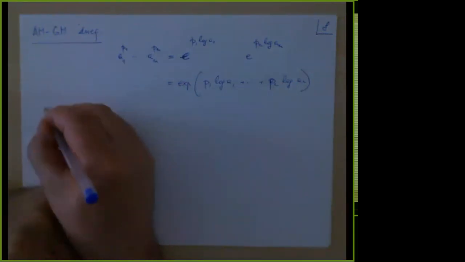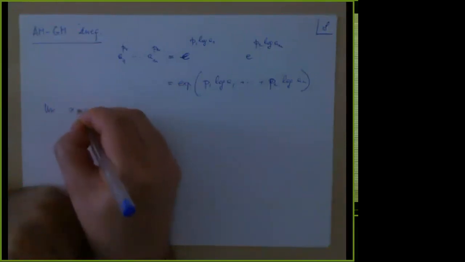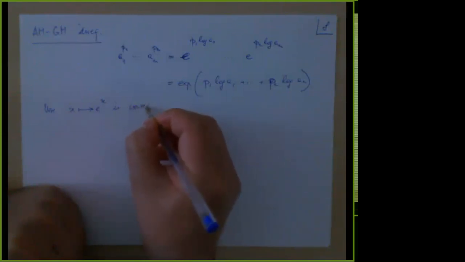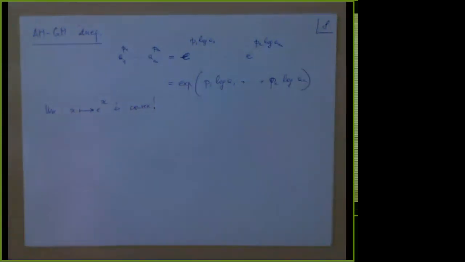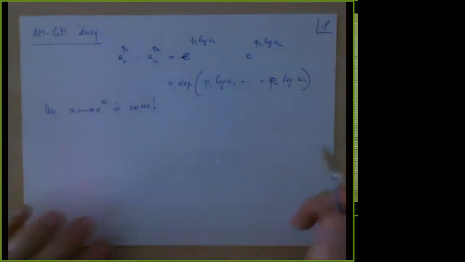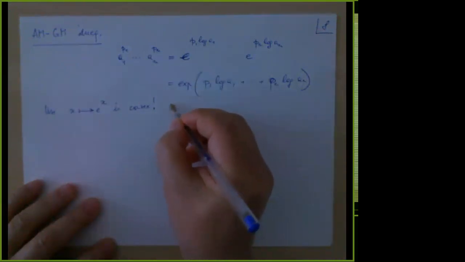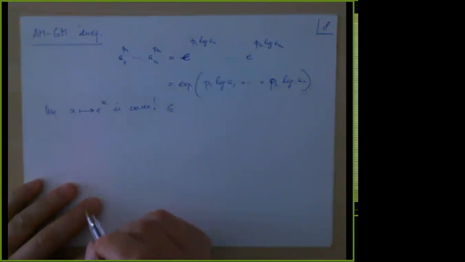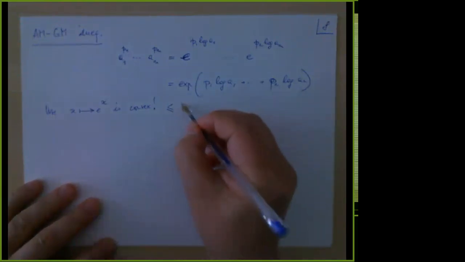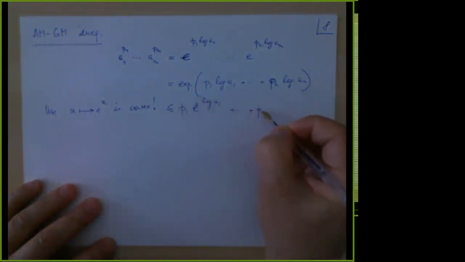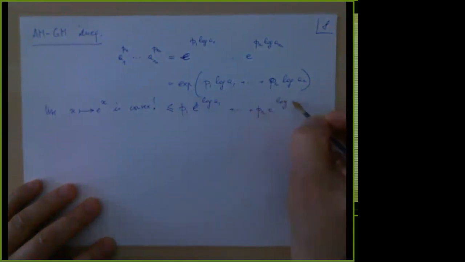We use the fact that the function exponential of x is convex. So this implies, by the characterization of convexity, or if you like, by the first form of Jensen's inequality, that this is less or equal than p1 exponential of log a1 plus ... plus pn exponential of log an.